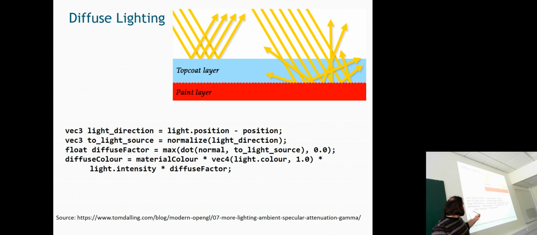And finally we get a diffuse color that is just a product of material color, the illumination color, intensity, and the diffuse factor that defines this angle and the spread.